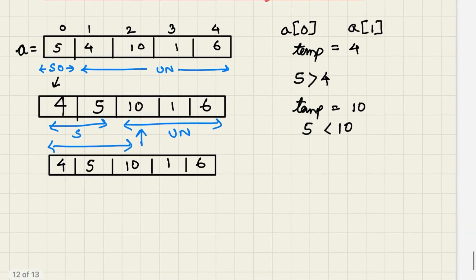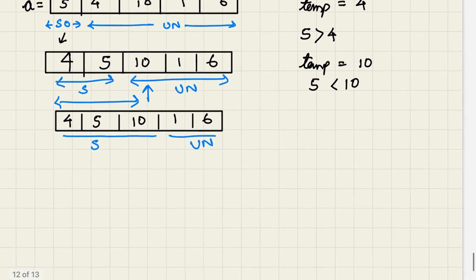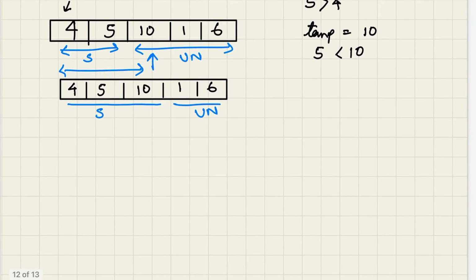Now this is my sorted sublist and this is my unsorted sublist. From my unsorted sublist, I will pick up my first element, that is my temp is now 1, and I will check whether 10 is greater than 1, true. So I will shift my 10 to the right side.